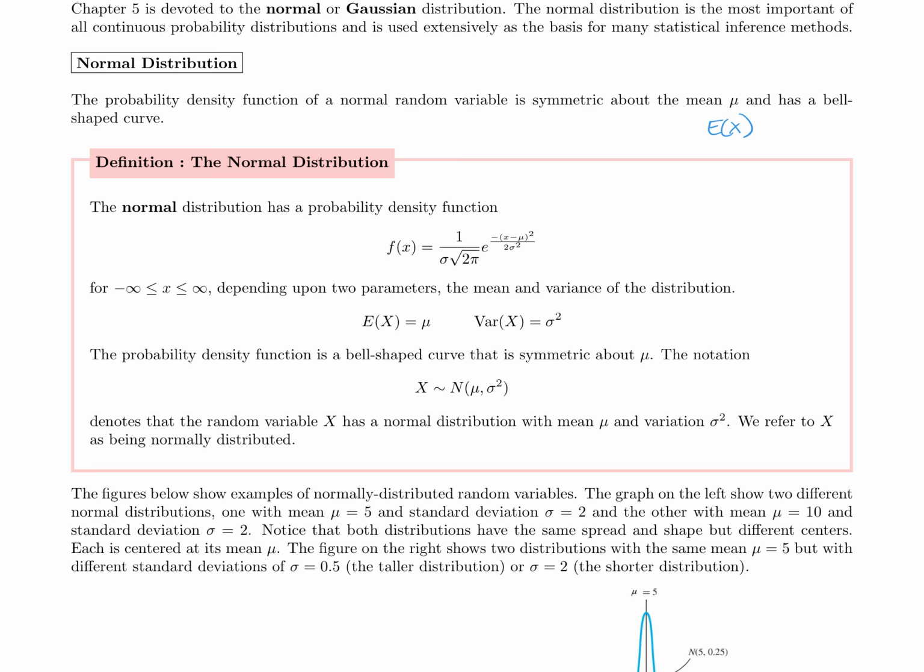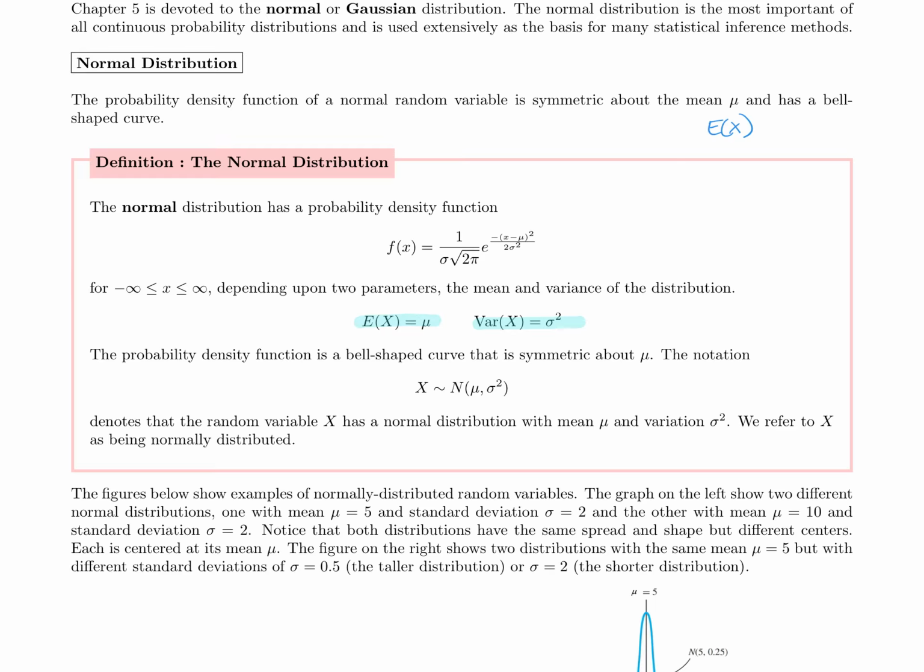The normal distribution has a probability density function of the form f of x is equal to 1 over sigma times the square root of 2 pi times e to the negative (x minus mu) squared over 2 sigma squared, for all real x, depending on two parameters, the mean and the variance of the distribution, where our mean is mu and our variance is sigma squared, just like we talked about before.